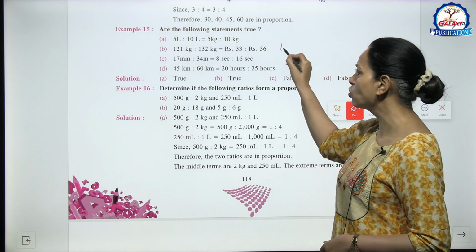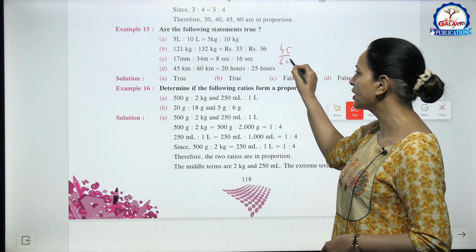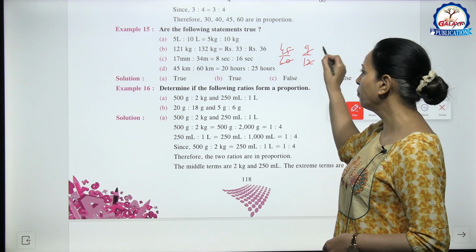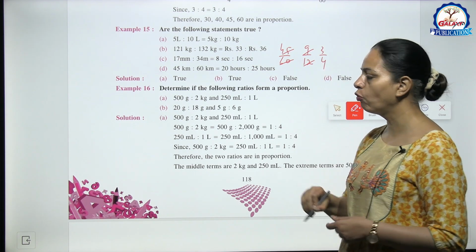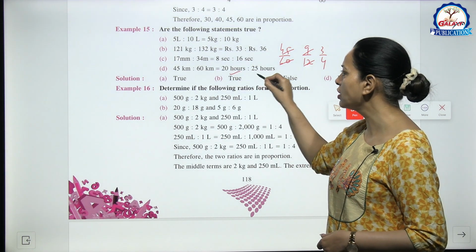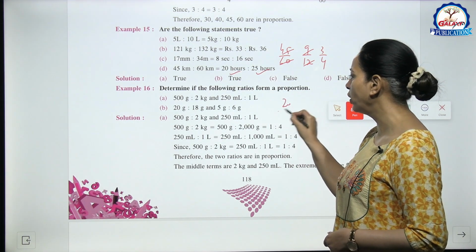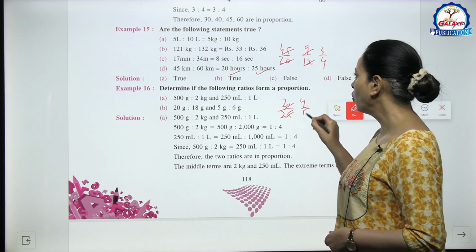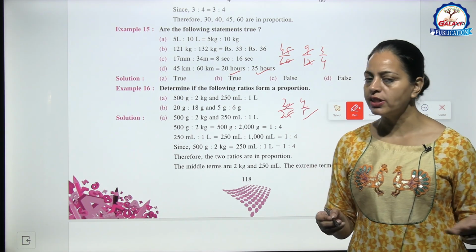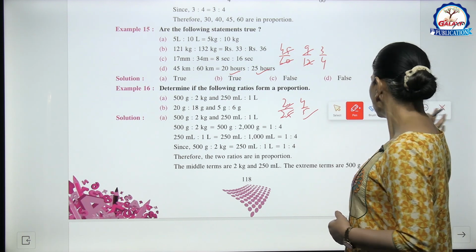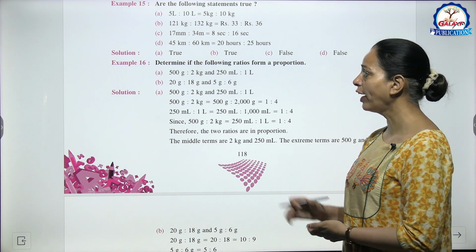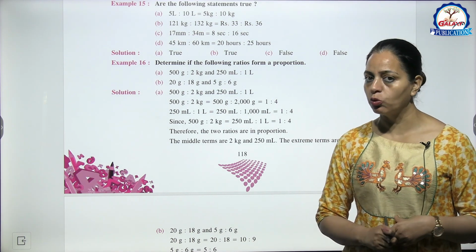So 45 upon 60, cut it by 5, then cut it by 3, 3:4. Now 20 hours is to 25 hours. So 20 upon 25, cut it by 5, 4:5. So these are not same. So this statement is false.